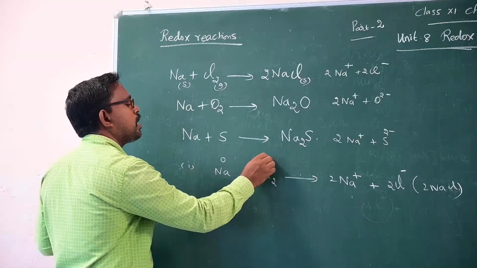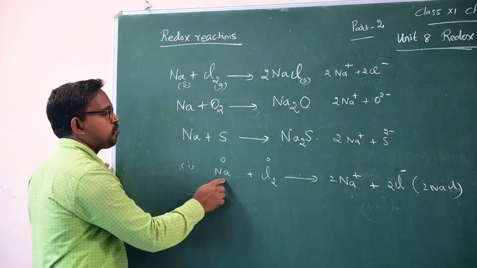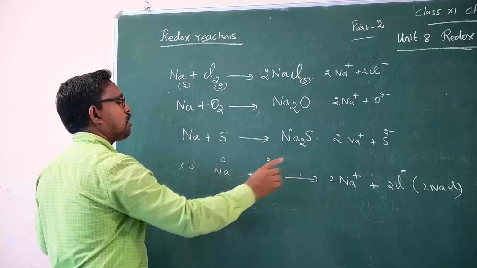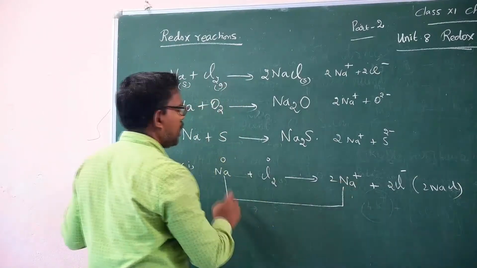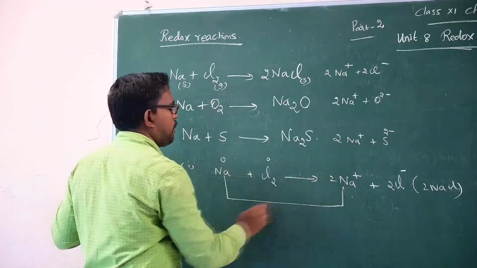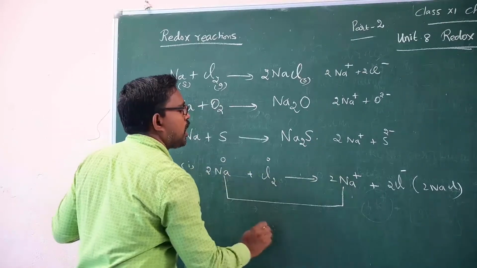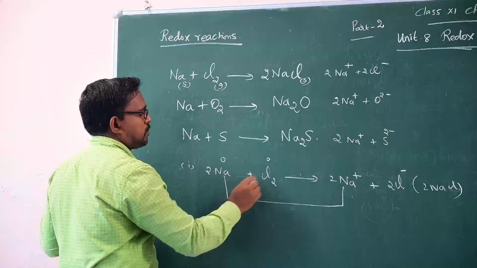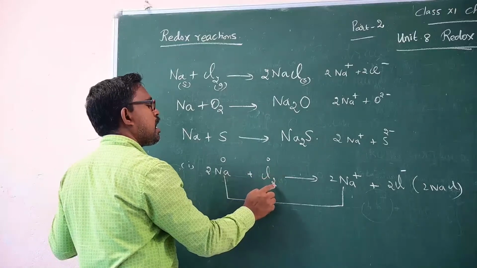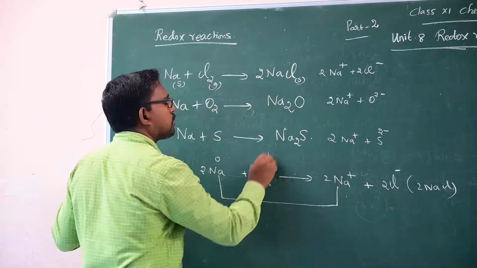Chlorine in the molecular state also has oxidation state 0. Sodium loses electrons, forming Na+, so this is loss of electron. Here chlorine Cl2 in the molecular state gains 2 electrons.